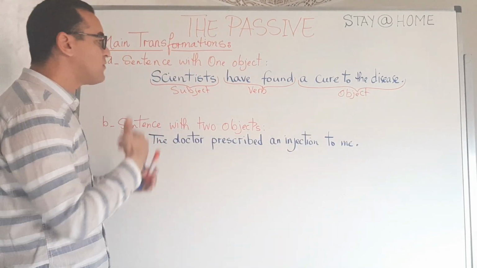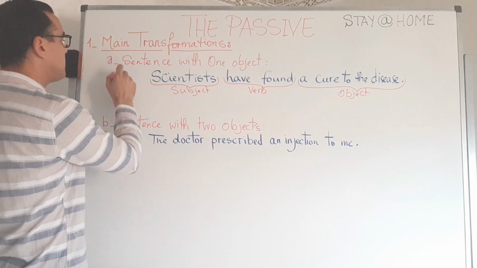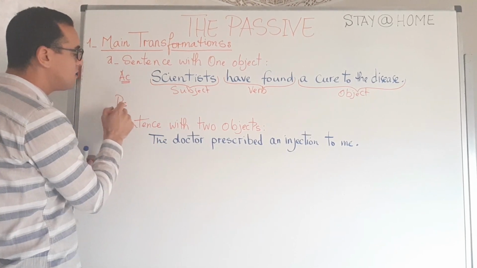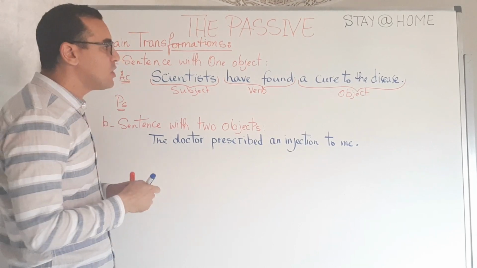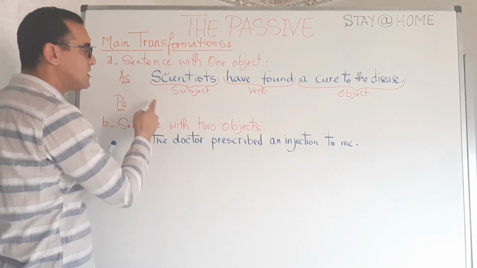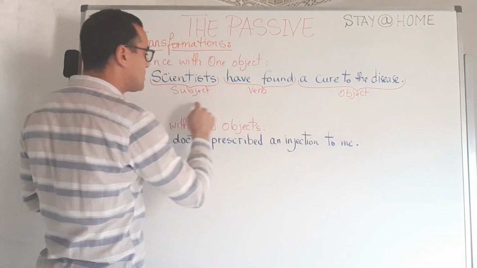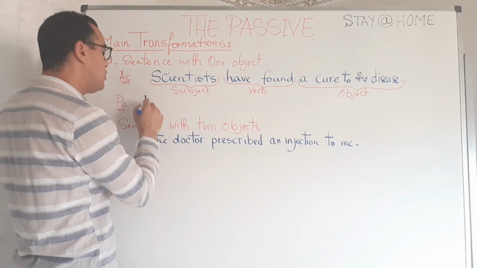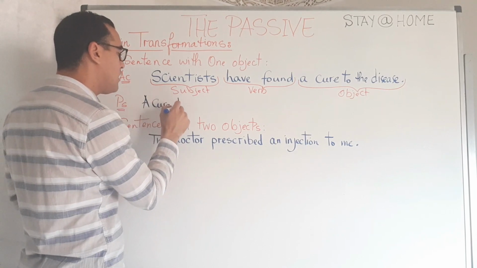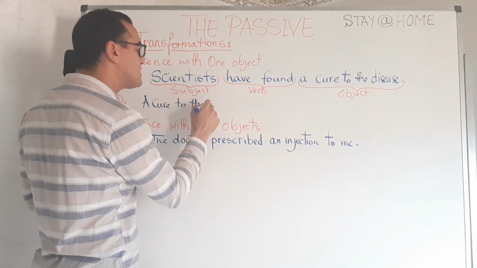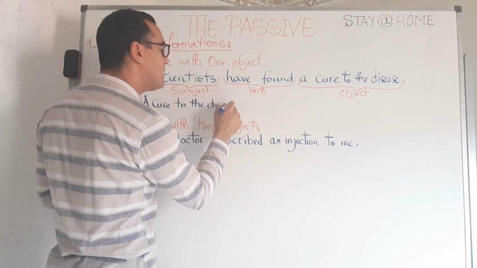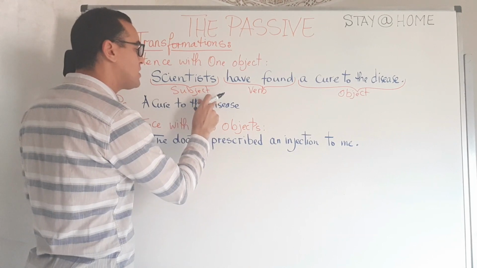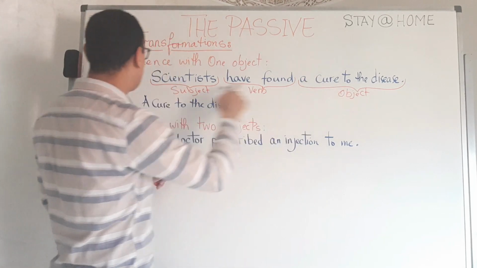If we want to transform this sentence into the passive, here we have the active transformation, as you can see. Now we're going to transform it into the passive. As I told you, we're going to switch the position of these two word categories, the object and the subject. So the object comes to the initial position. So a cure to the disease, this is the object of the active sentence.